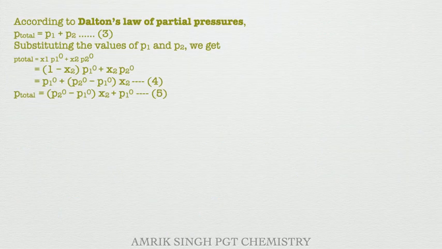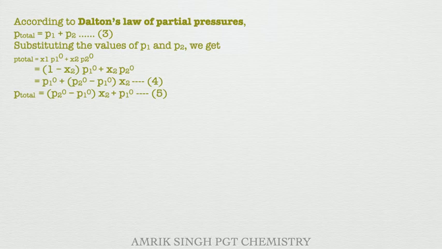And now the graphical behavior of Raoult's law. According to Dalton's law of partial pressure, P total will be P1 plus P2, and substituting the values of P1 and P2 in equation 3, we get equation number 4. Rearranging this, we get equation 5.